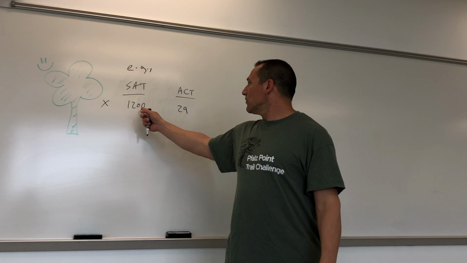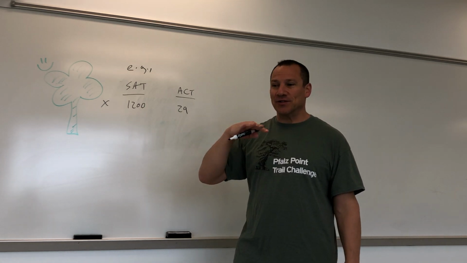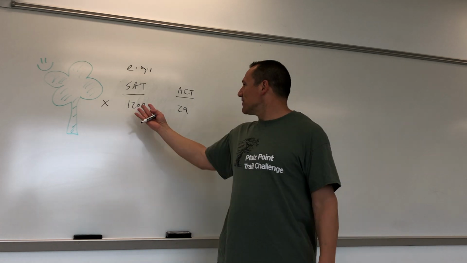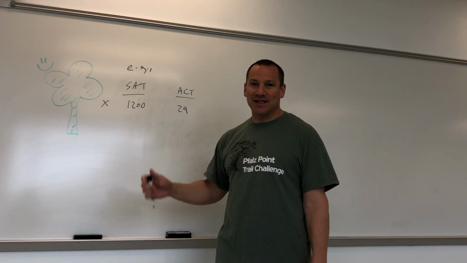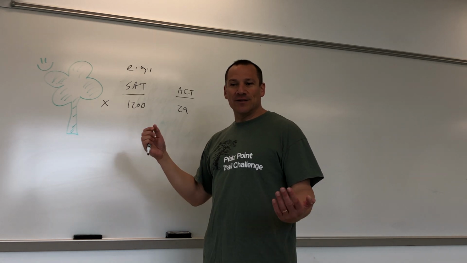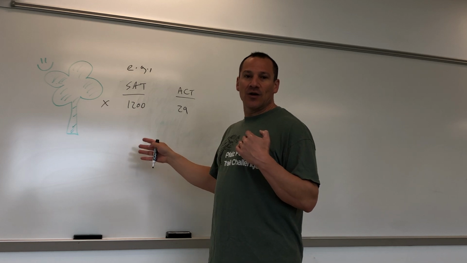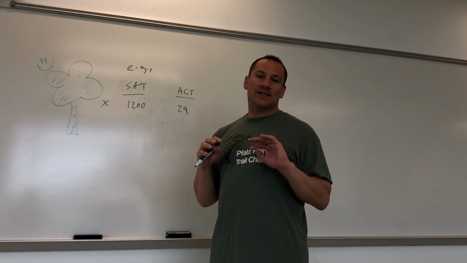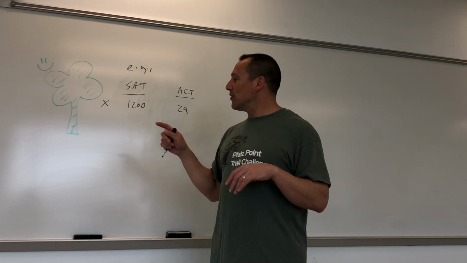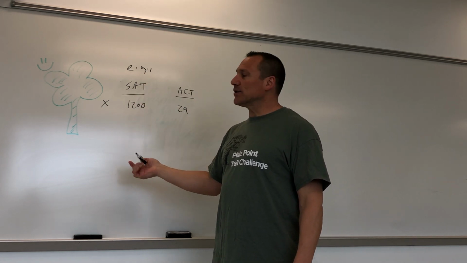Well, on one hand, 1200 is a lot higher than 29, right? So just in an absolute sense, simply naively, you might think, well, look at my SAT score. That's way more than my ACT score. But of course, we know this is on one scale and this is on another scale. What the z-score process allows us to do is to think about these scores in a standardized way, regardless of scale.